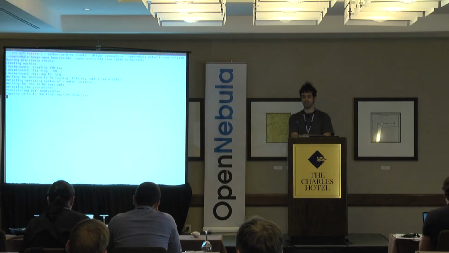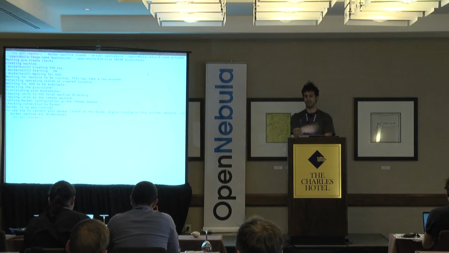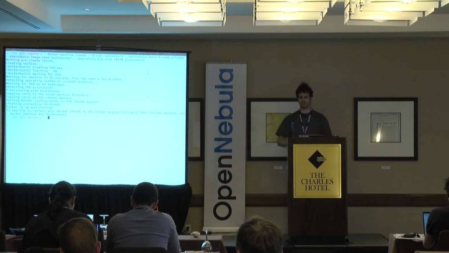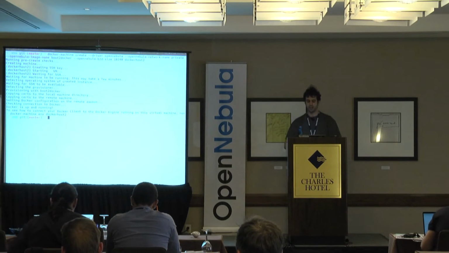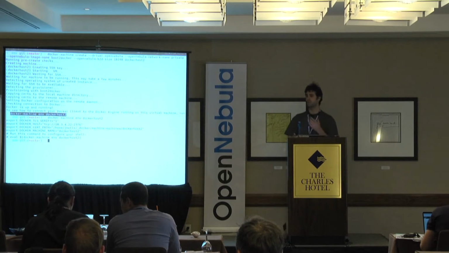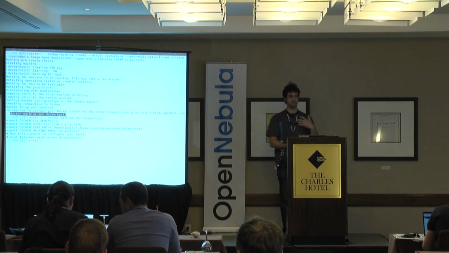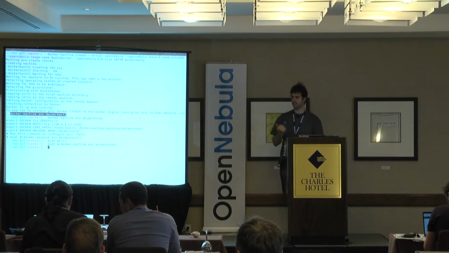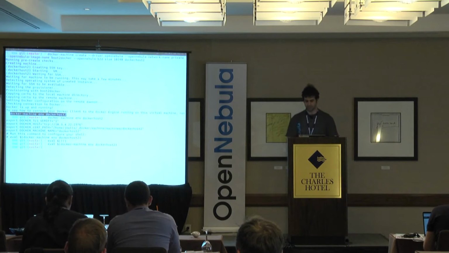Okay, so now it booted up, and now it says it's provisioning everything, and now I can talk to this virtual machine through Docker. In order to do so, it tells me how to do this. I need to do docker-machine env. This will print out some environment variables that I can use to talk to this virtual machine.